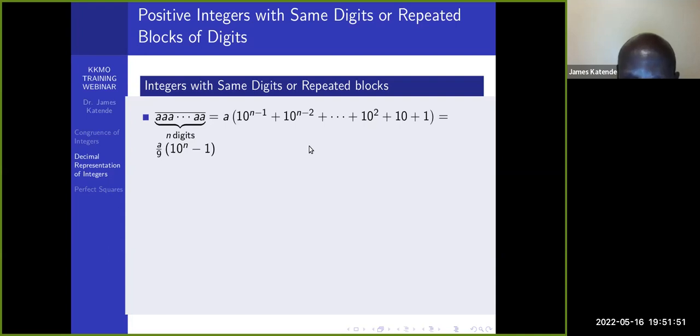If you have 2, 2, 2, then you can write it as 2 multiplied by 1, 1, 1.